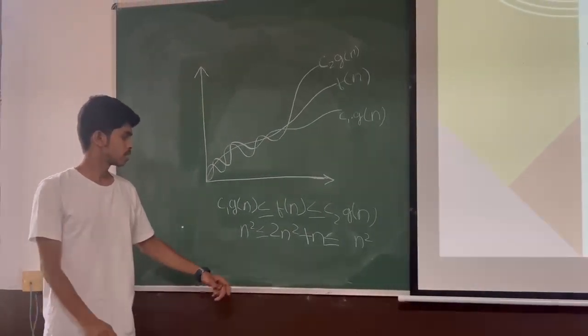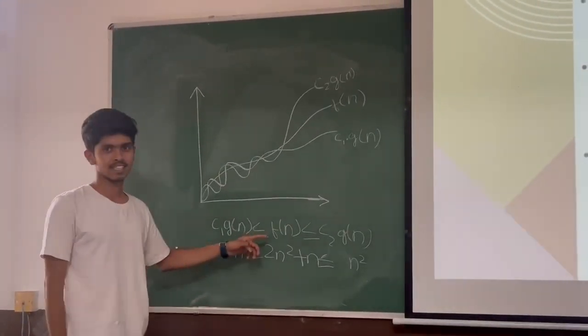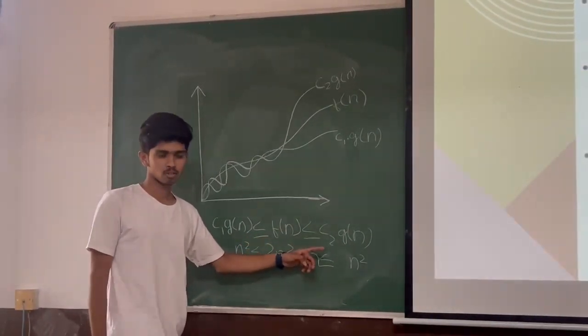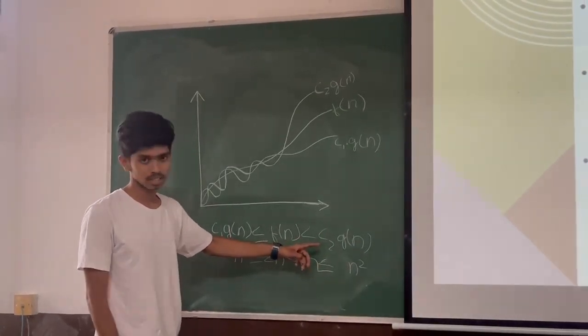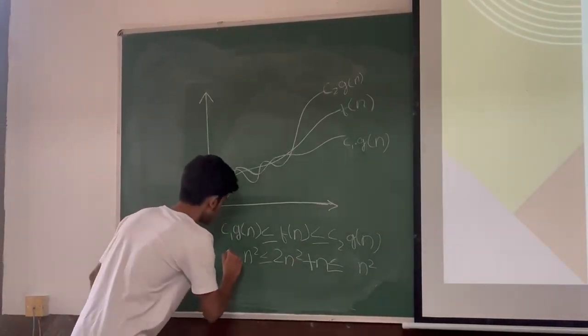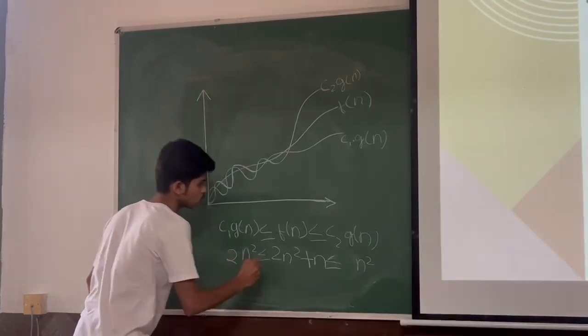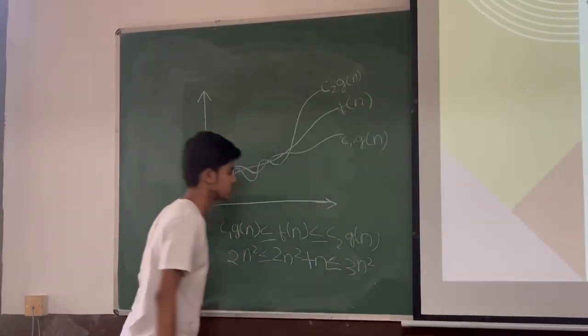We know that the value of c1 should be less than f of n and the value of c2 should be greater than function f of n. So here it will come 2 and here it will come 3.